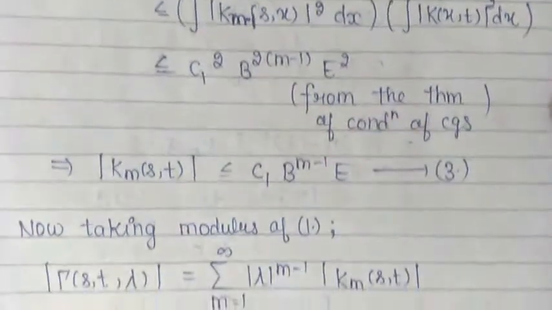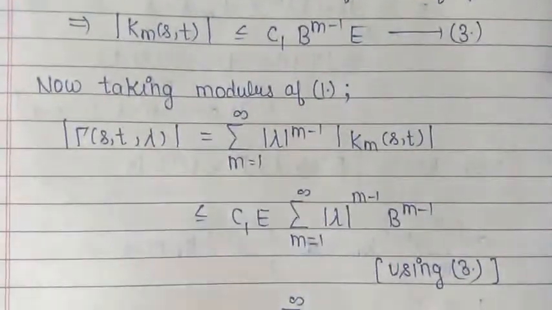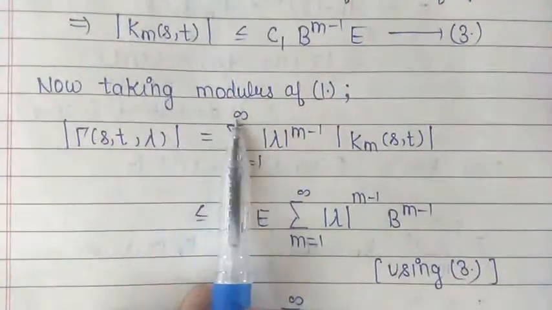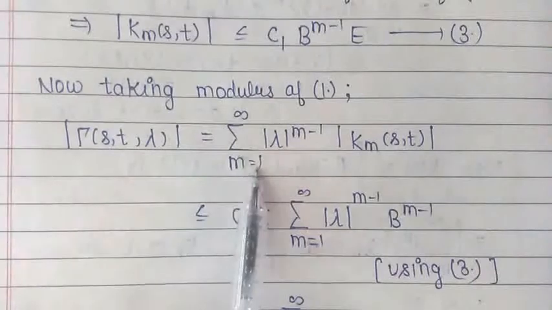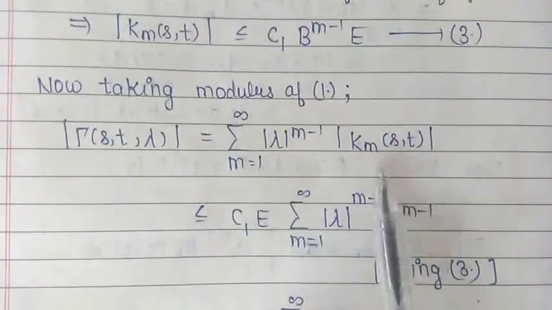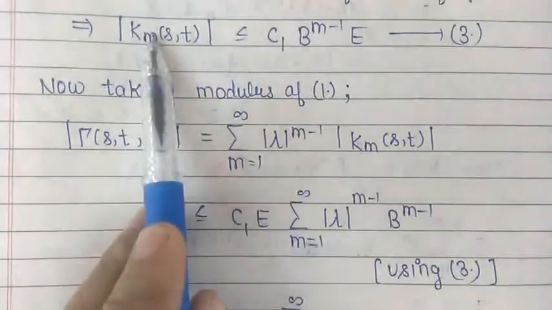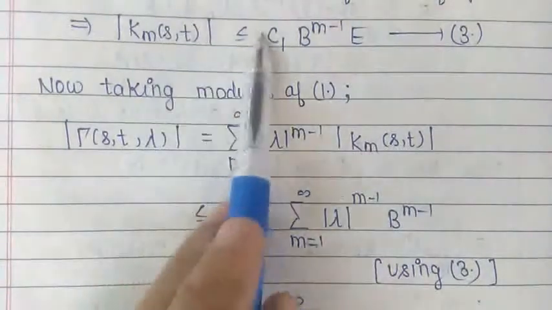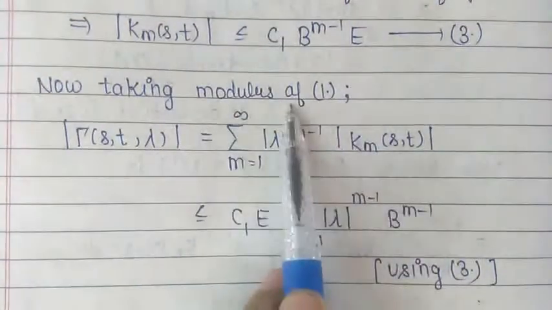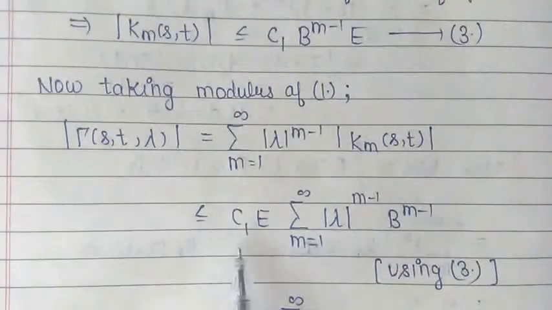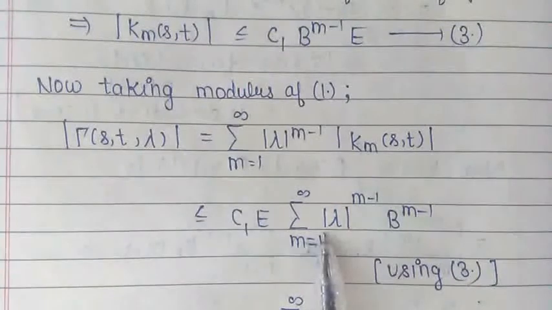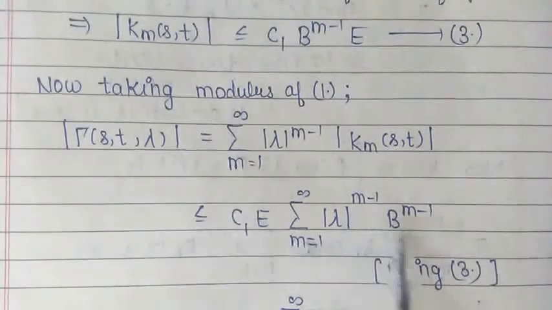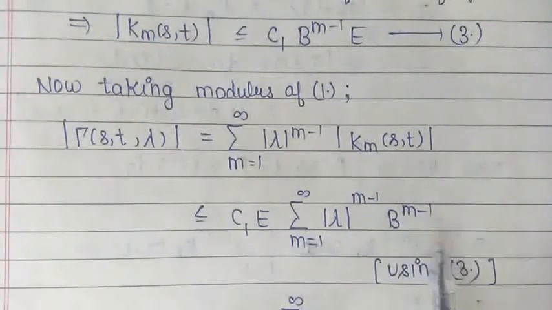Now in the definition of the resolvent kernel, let us take the modulus on both sides. If we take the modulus on the left hand side and right hand side, and substitute the value from equation 3, this quantity will be less than or equal to C1 into E into the summation, m varies from 1 to infinity, |λ| raised to the power m minus 1 into B raised to the power m minus 1.